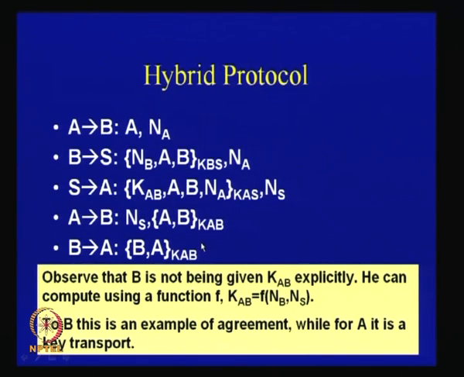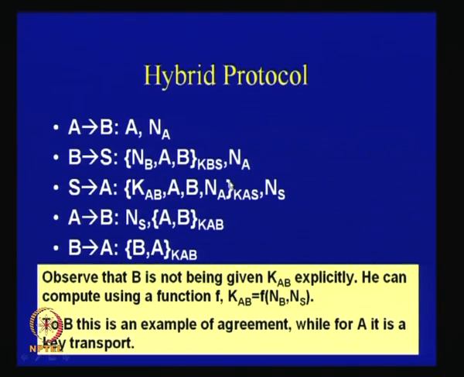But one interesting point here is that, so far as B is concerned, B has not been provided KAB explicitly, because B has never actually obtained KAB explicitly. What are the messages B has got? B has knowledge of Na, and of course Nb, and it has also got the knowledge of NS, because that is the thing which the server has communicated to B through A.